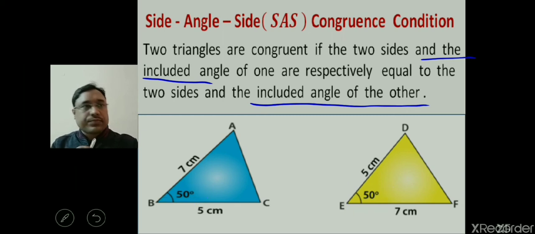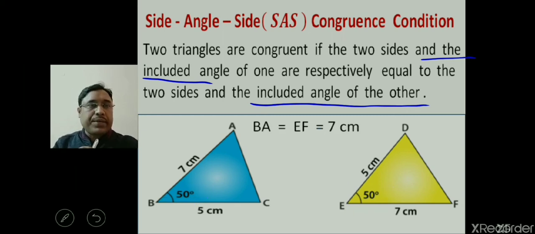So you can say that BA equals EF, which is 7 cm. Then angle B equals angle E, which is 50 degrees. And then the third side, BC equals ED, both are 5 cm.